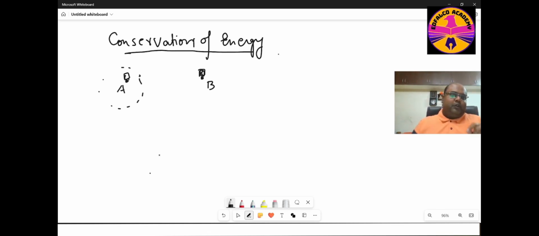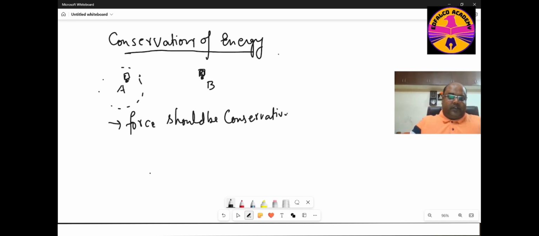So it is very important to understand the nature of the force if energy conservation is going to happen. The main thing is that the force acting on the body should be conservative, to make the body preserve its energy.